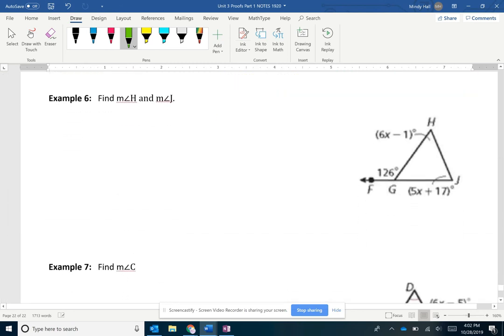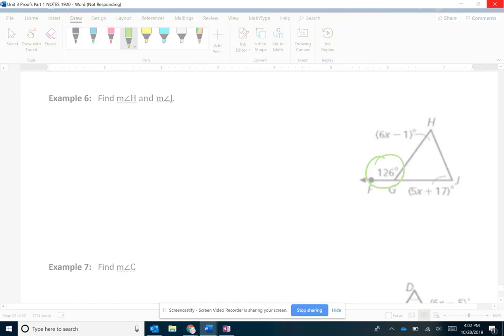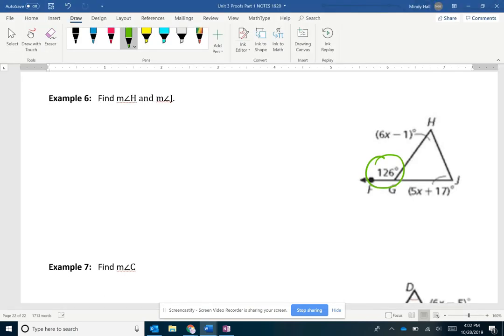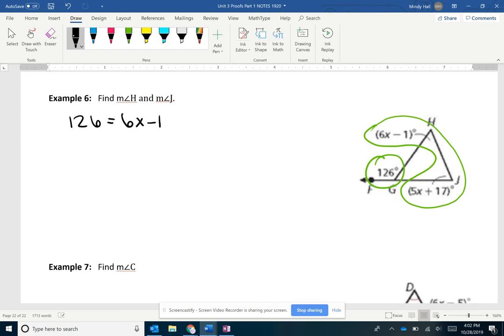So then the measure of angle H and the measure of angle J, again, this exterior angle is going to equal the sum. This exterior angle, 126 degrees, is going to equal these two angles added together. So when you write your equation, you would have 126 degrees equals 6x minus 1 plus 5x plus 17.